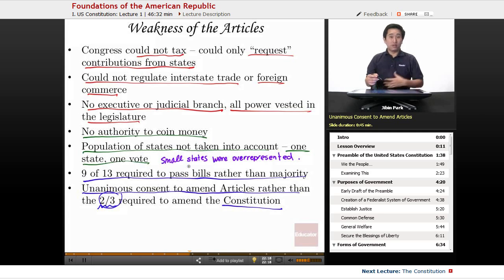So when the articles were basically amended out of existence by the U.S. Constitution, a lot of these weaknesses, a supermajority to pass a bill, unanimity in order to amend the document, were taken into account when the founding fathers decided, we're going to have a new set of rules to play by. So the weaknesses of the articles served as kind of a jumping point as to what are the things that a stable, a thriving nation is going to need.